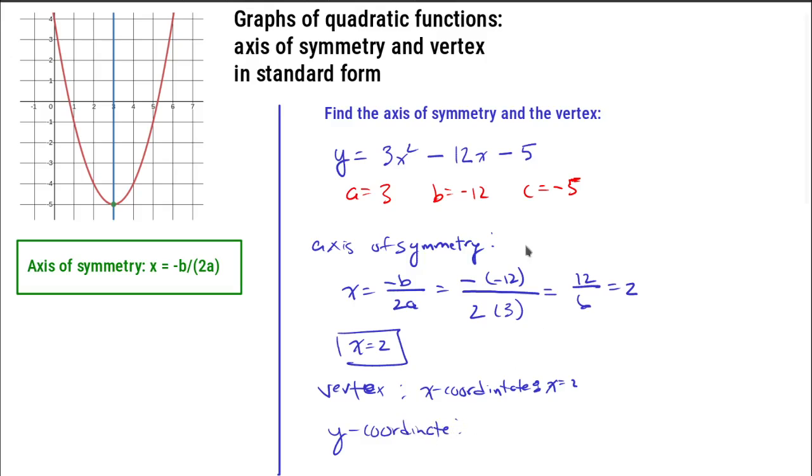So we're taking x equals 2, because that's the x-coordinate, and we're taking our equation, y equals 3x squared minus 12x minus 5, and we're going to combine them into one single equation.